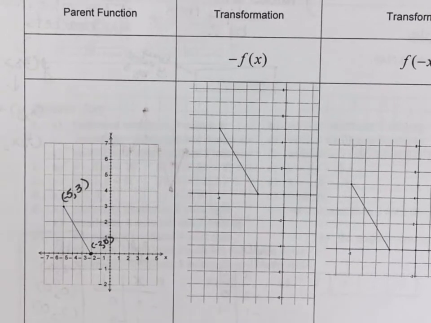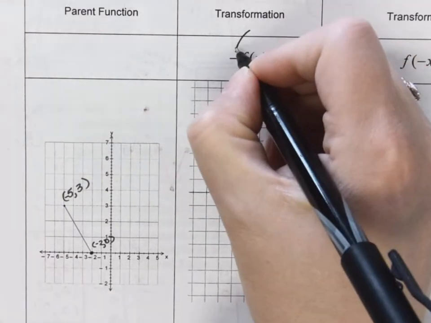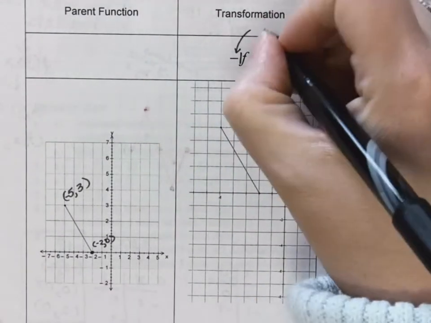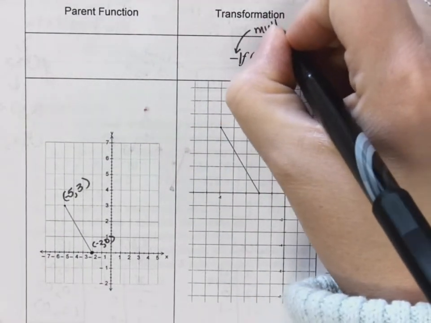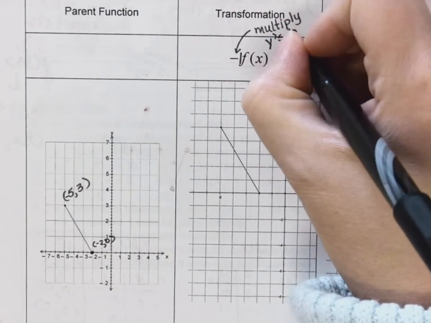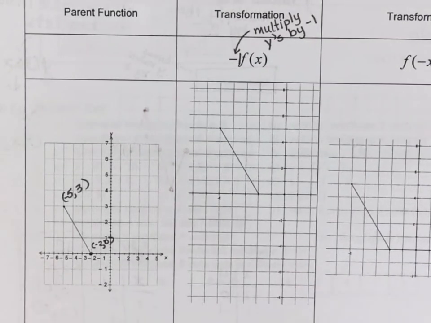Everybody good? Okay, so this just means it's like saying there's a -1 outside of that. So this means we're going to multiply y's by -1. Pretty straightforward.